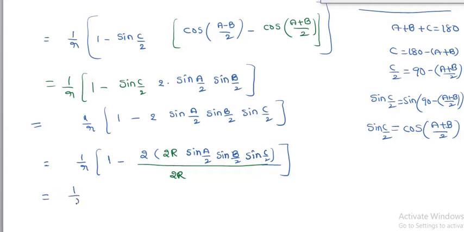So 1 by r, 1 minus 2, so 1 minus r by 2R.